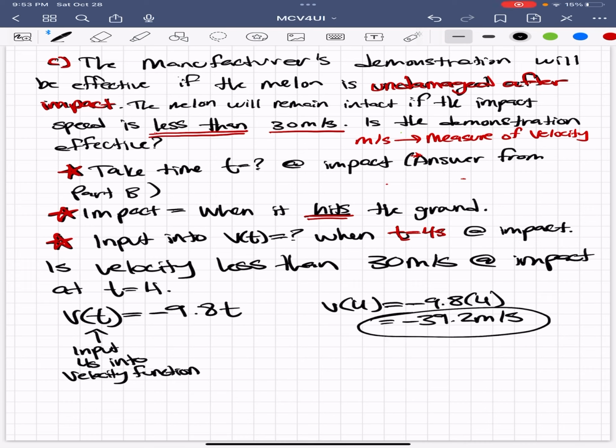So there's our answer there, and we'll circle it. The reason why there's a negative symbol there is because it is going down. So the velocity is negative because the helmet is going down.